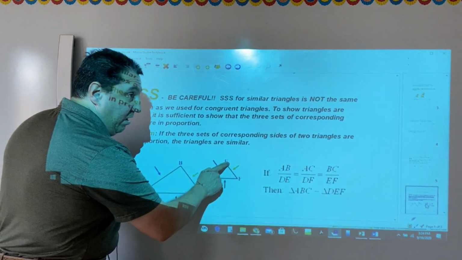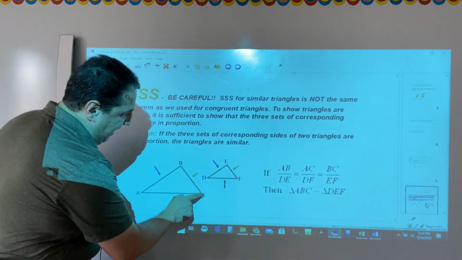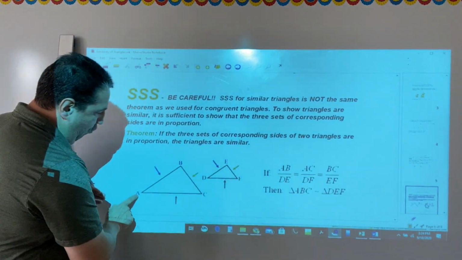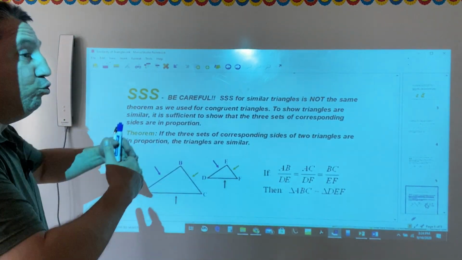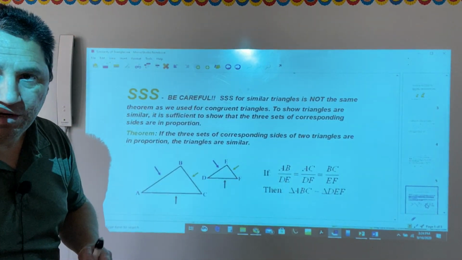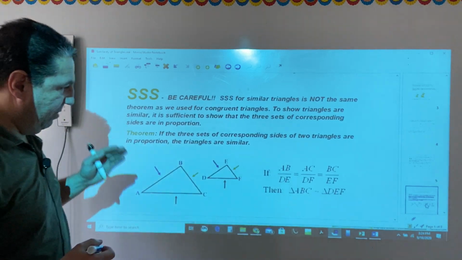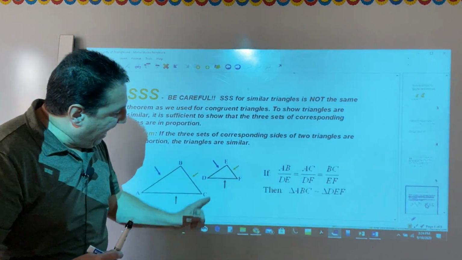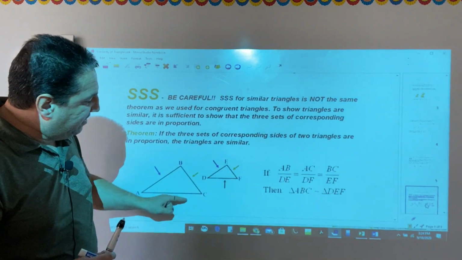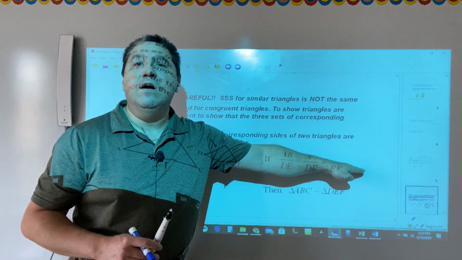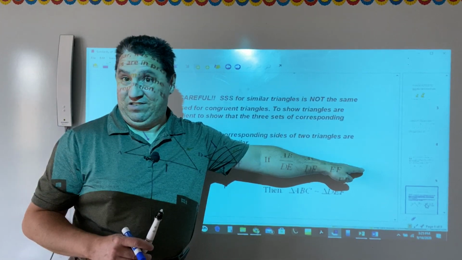It is DE. For BC is EF. For AC is DF. So, we have to write the ratios. Now, remember, because this triangle comes first, its sides must be on top of the ratios.